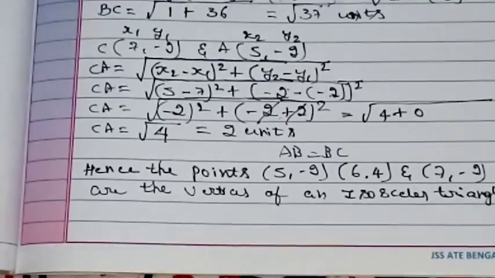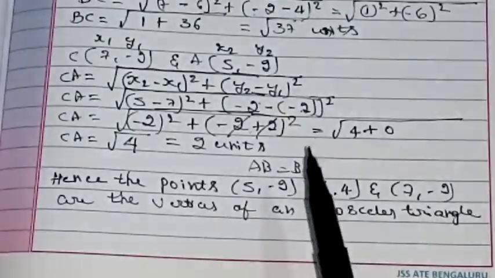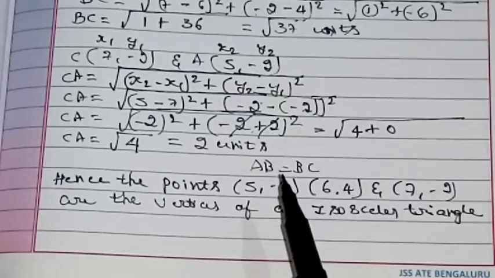Hence we have proved that the given points are the vertices of an isosceles triangle.